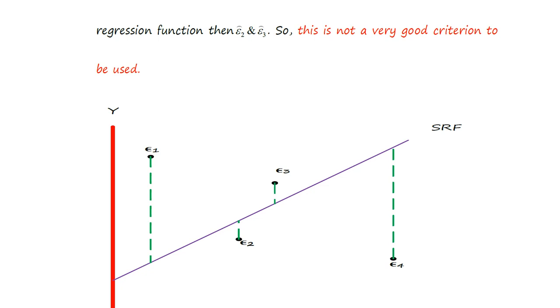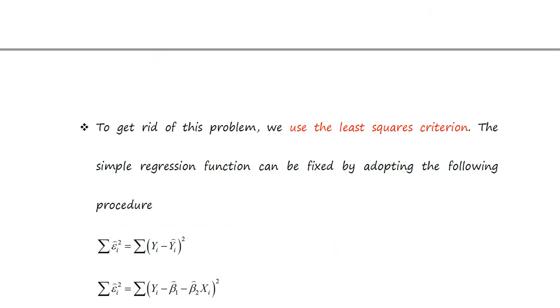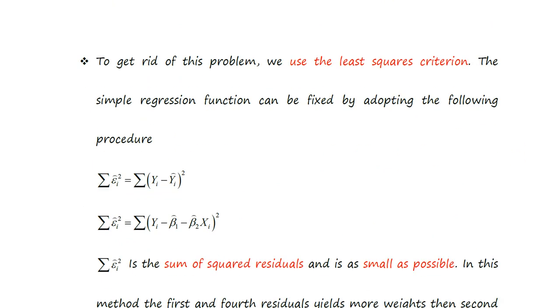So this is not a very good criterion, because we attain the minimum value of error, but the individual observations are too far from the straight line. We cannot get the desirable answer according to this formula.